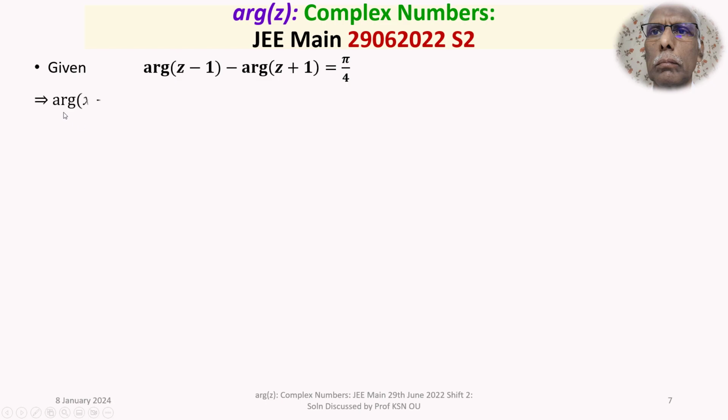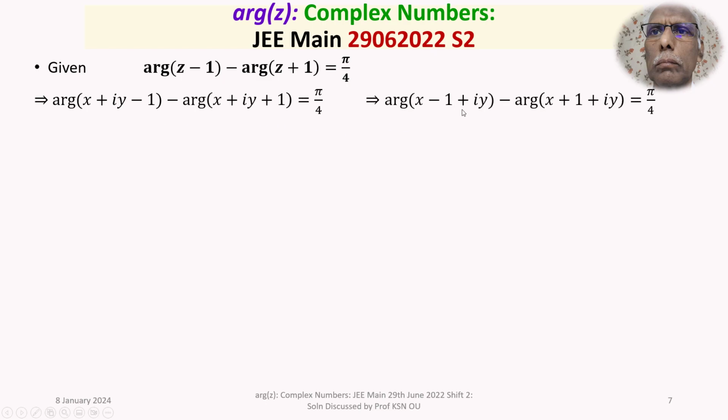This implies argument of x minus 1 plus iy minus argument of x plus 1 plus iy is equal to pi by 4. The real part of the first complex number is x minus 1, the imaginary part is y. The argument will be the tan inverse of the imaginary part by real part. So that will be tan inverse of y by x minus 1 minus tan inverse of y by x plus 1 is equal to pi by 4.